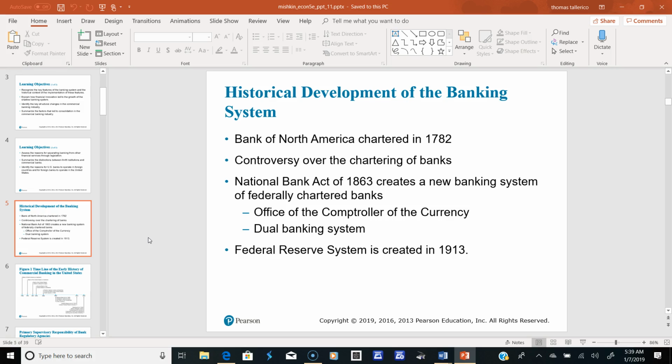And there was a lot of controversy about bank charters in the early part of American history. About 75 years later or so, the National Bank Act of 1863 creates the Office of the Comptroller of the Currency and the dual banking system.